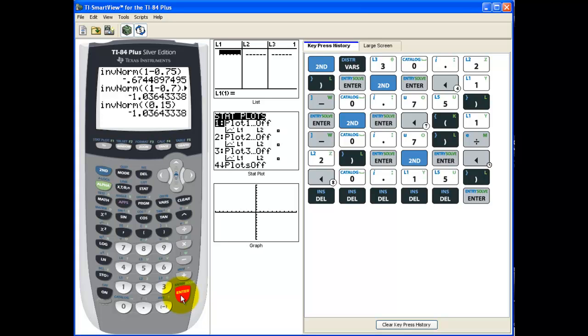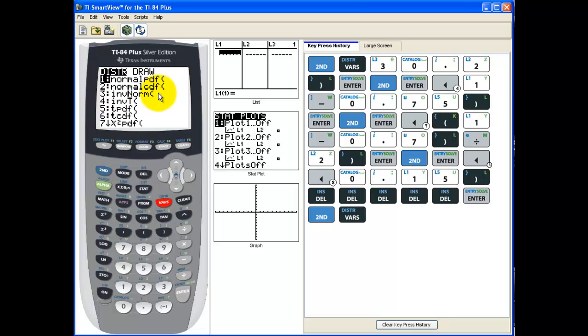A few more examples here. I'm looking at number 36. Now this is actually very similar to the problem that I did in the previous video, number 8. It's just being asked in a slightly different way. So to do number 36, we can't use the inverse norm. We have to use the normal CDF rather. It's number 2 here.